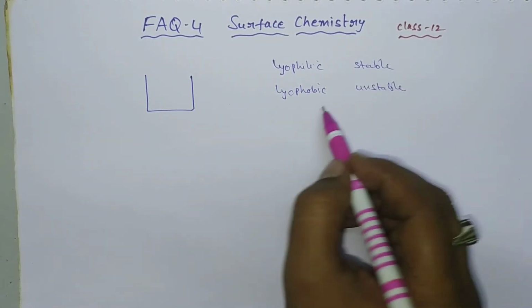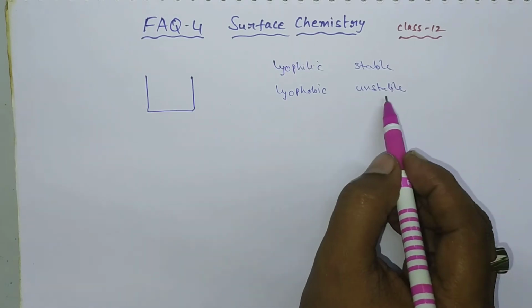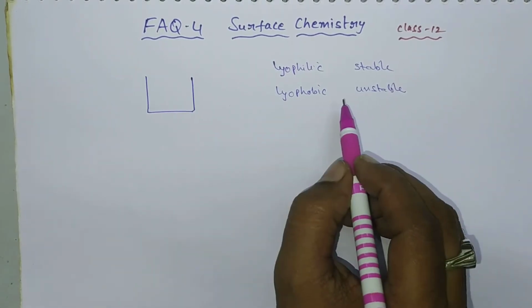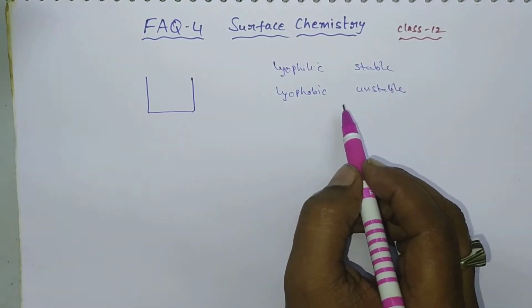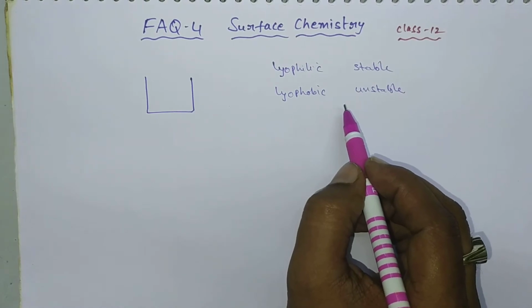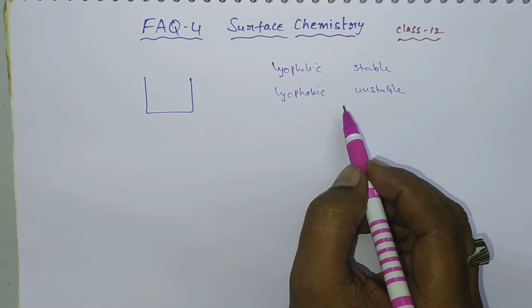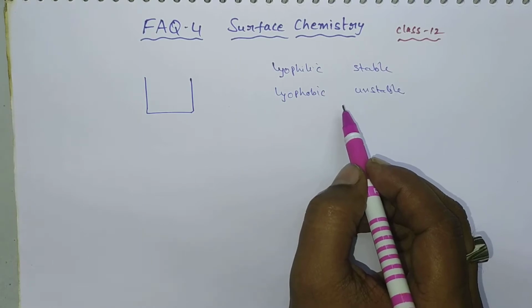Why? Because lyophobic colloids consist of some electrolytes. If there is an excess amount of electrolyte, then the colloid will be unstable and it will be converted into suspension.